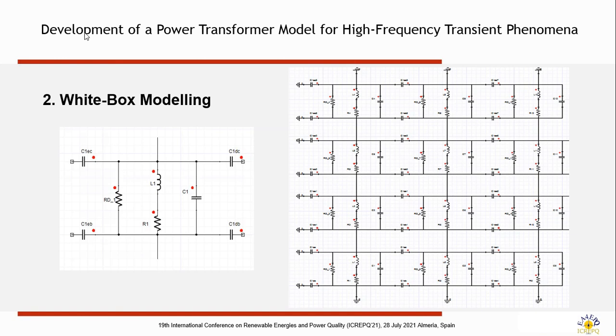So in this case, we have at the left the tertiary winding, then we have the low voltage winding and the high voltage winding. They are linked in series, all the groups of turns, and we have parallel capacitance, which represents the capacitive coupling between the windings.